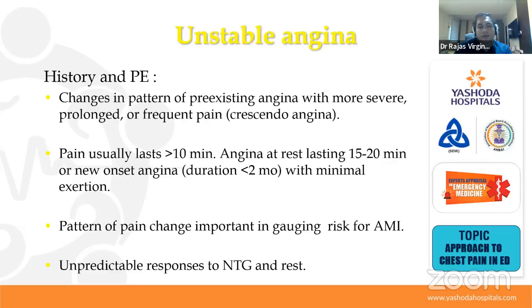Whenever the patient has new symptoms which are eclipsing his usual angina symptoms, these are red flags and can suggest an impending thrombus. The responses to NTG and rest are unpredictable. So this change in pattern is important in gauging the risk for an acute MI.